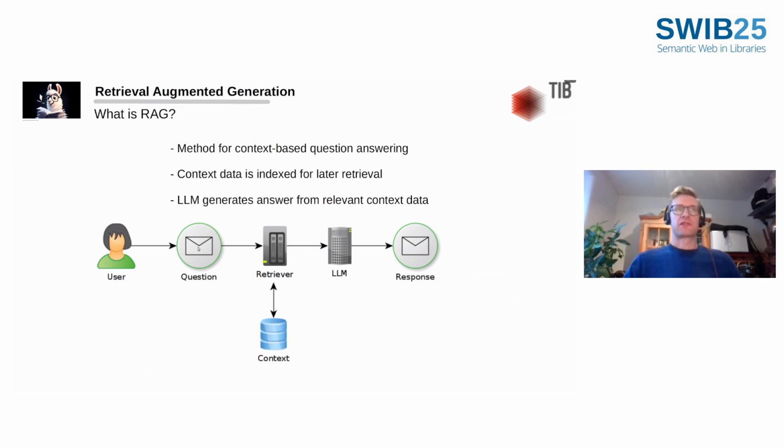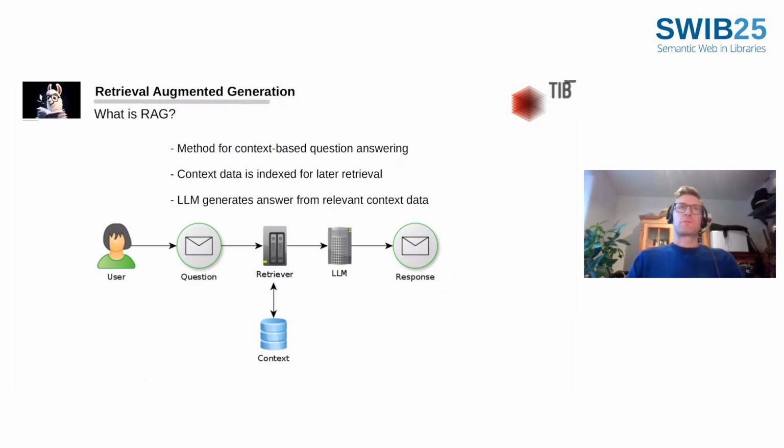You have a user giving a question, and instead of giving this question directly to the large language model, we use a component in the middle called the retriever. This retriever is using a context database, for example, our own database of our research project, to pull out information which might be relevant to answer the question.